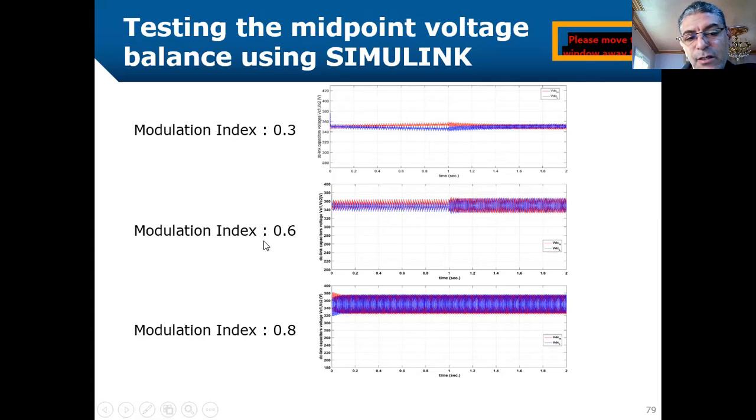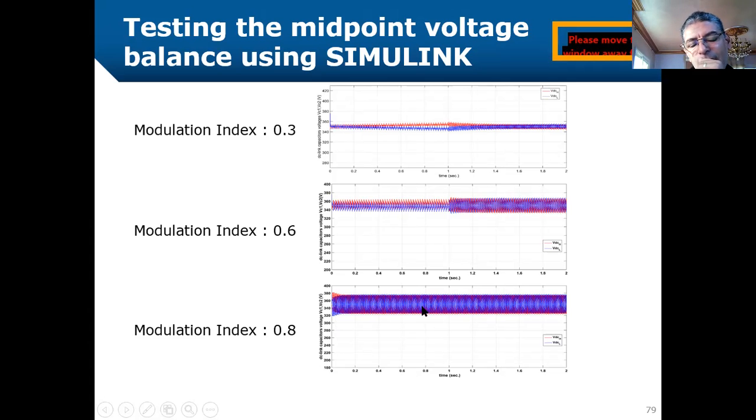If the modulation index is turned to 0.6, then here also the voltage was divergent, but now it is converging, but the ripple is moving in a wider band. For modulation index 0.8, the band is also increasing.